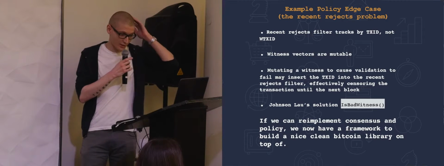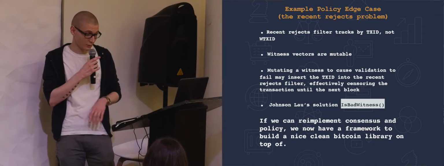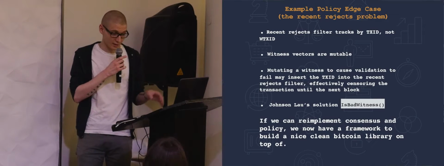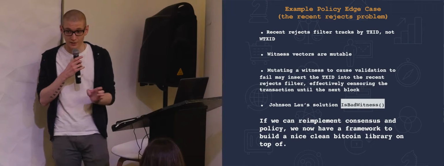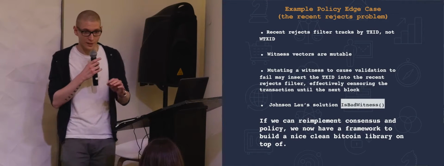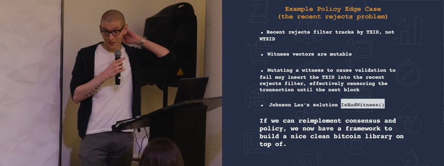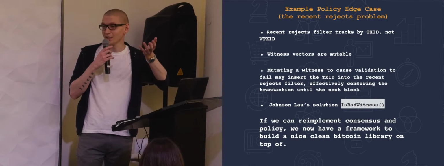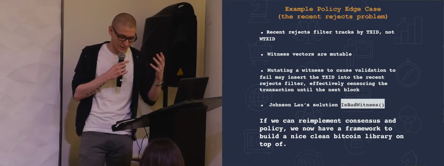And so Johnson-Lau's solution, there's sort of like a crappy, naive solution in Bitcoin Core right now. Johnson-Lau's solution is bad witness, which is a good solution. It checks for standardness of the witness vectors and whatnot. But you know, at the end of the day, you have to get relay policy right.